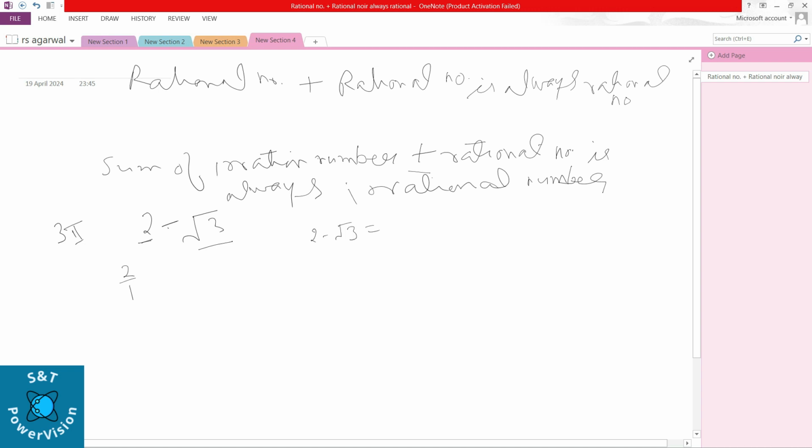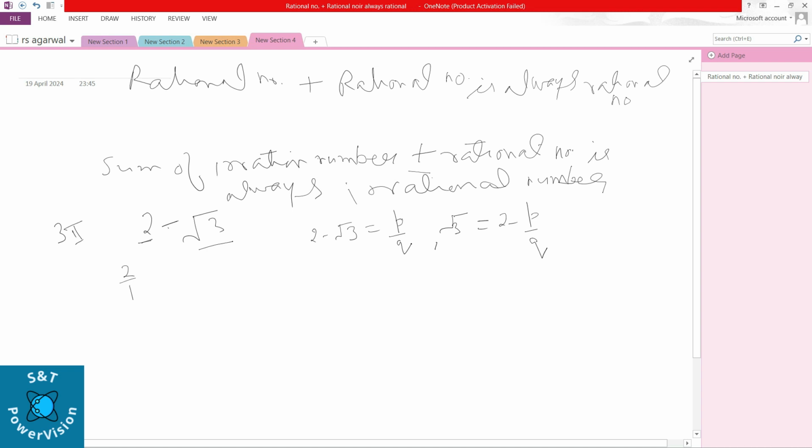is a rational number. It means it can be represented in the form of p by q, right? So we keep root 3 on one side, equal to 2 minus p by q. Here p by q is in the simplest form, which means it cannot be divided further.